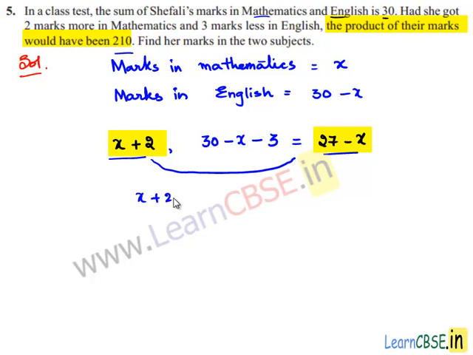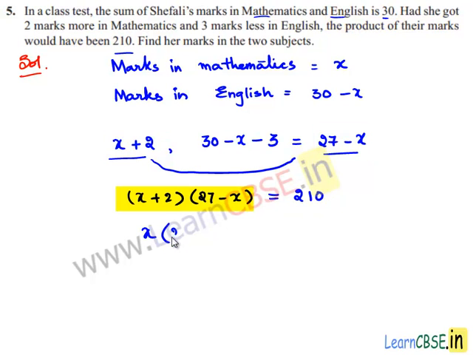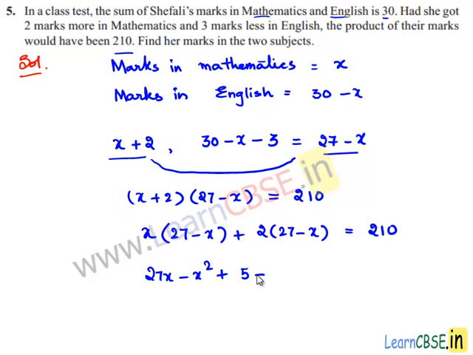X plus 2 multiplied by 27 minus X is equal to 210. X times of 27 minus X plus 2 times of 27 minus X is equal to 210. 27x minus x square plus 54 minus 2x is equal to 210.